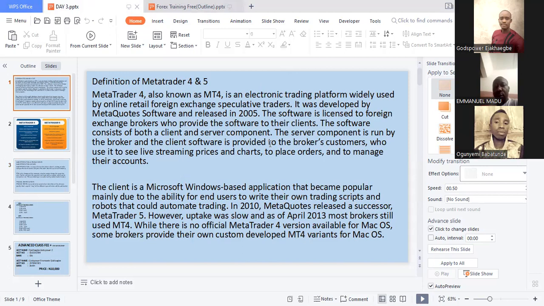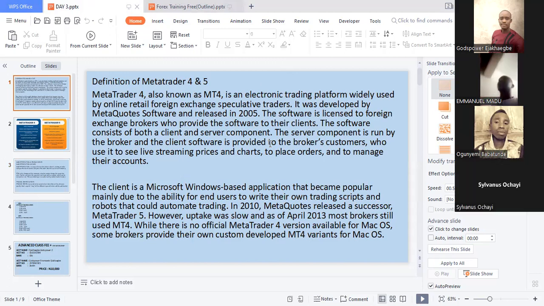It was designed with a programming language called Meta Code Language 4, and given to brokers so that they can give it to their clients to trade successfully with it. Are you with me? I'll give you this PDF for you to read. Now, MetaTrader 5 was designed in 2013, April precisely.